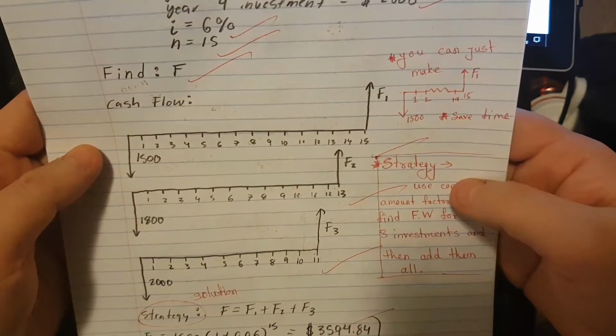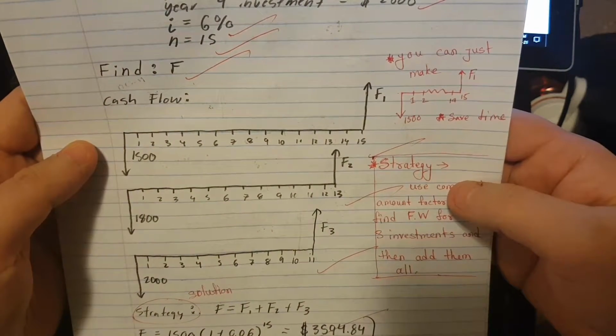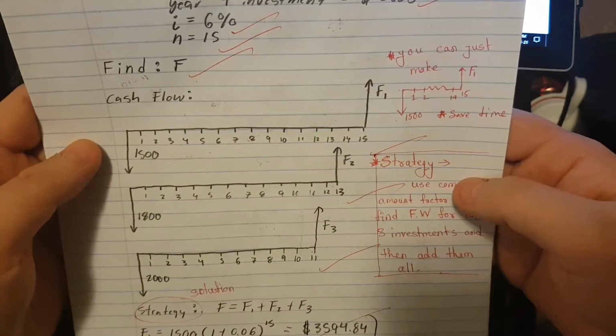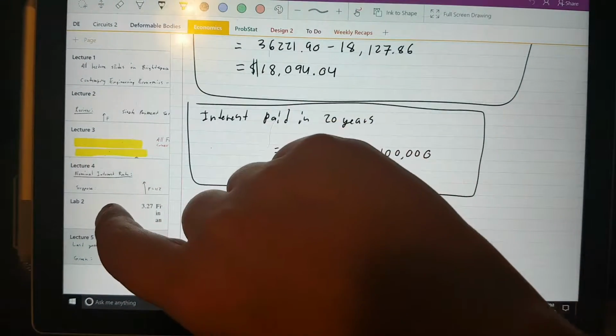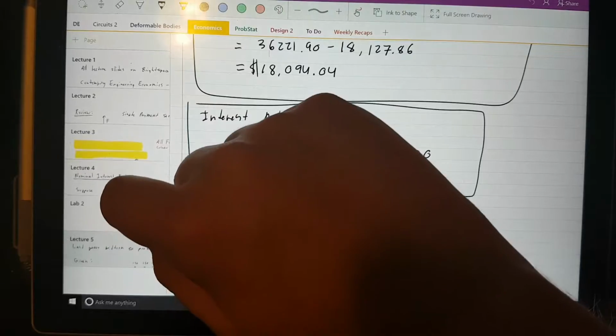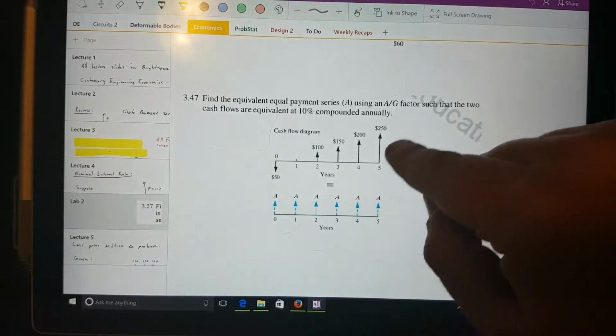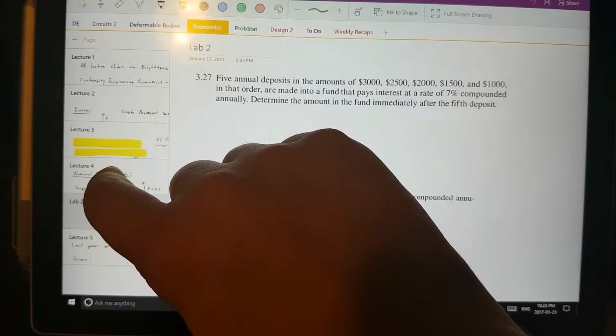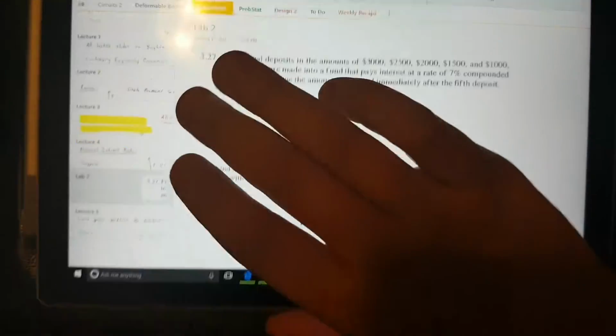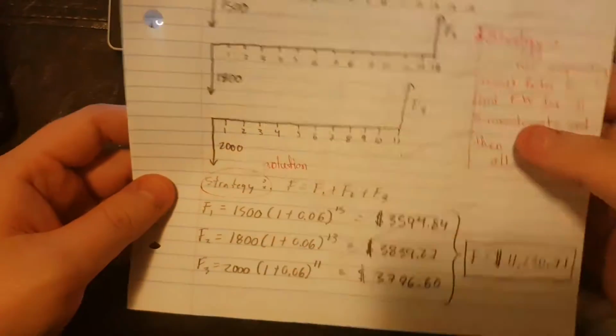Find F. I don't actually have the question. Where is that? It's probably in here somewhere. Do I have lab 1? Lab 2. This is lab 2. Shoot, I don't know that I have this actual question.